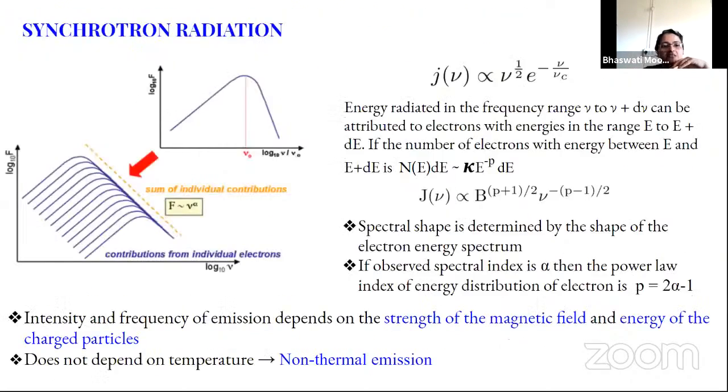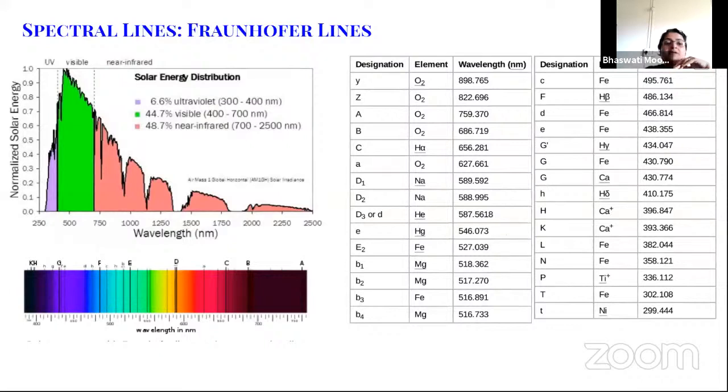Okay, so we just talked about the continuum, and then we'll finish off with the other important emission, basically the emission that we receive from astrophysical objects. Once again, we see the spectral lines. Actually, these Fraunhofer lines are, I think, the most wonderful thing that has happened to astrophysics historically.